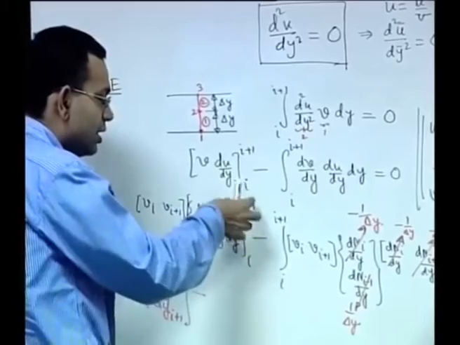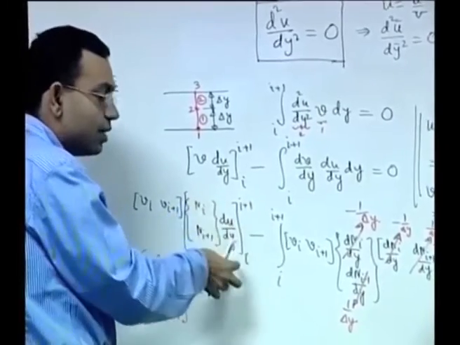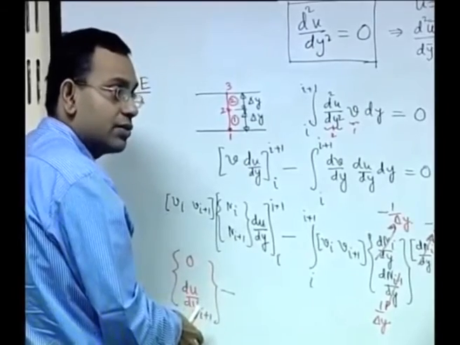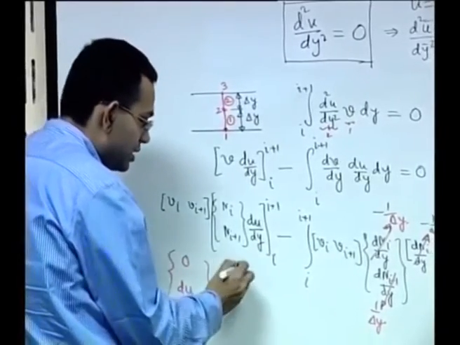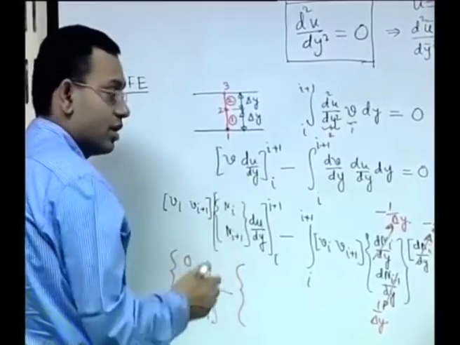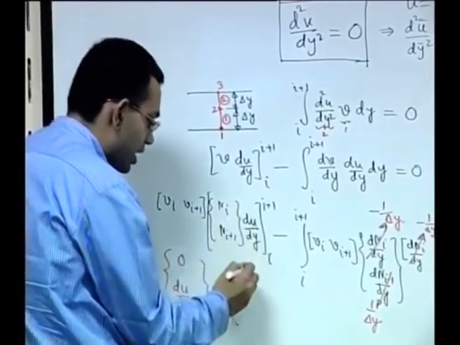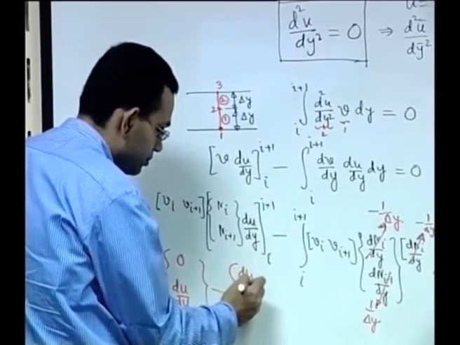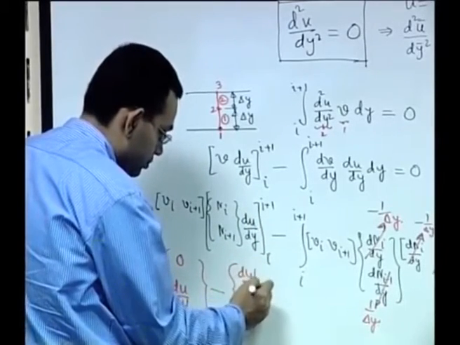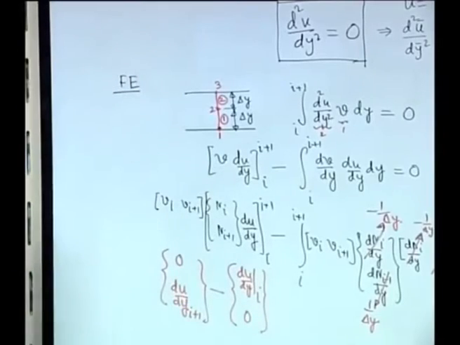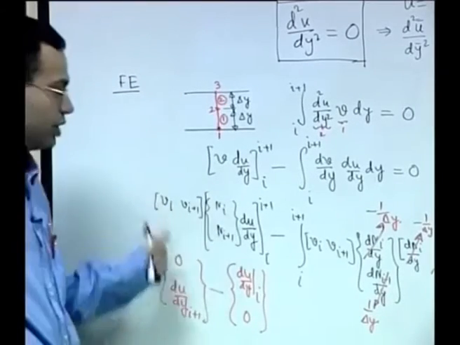So this evaluated at i plus 1 minus the same thing evaluated at i. At i, this will be 1 times du/dy at i, and this is 0. So this is the boundary term.